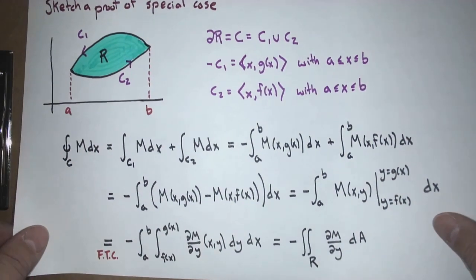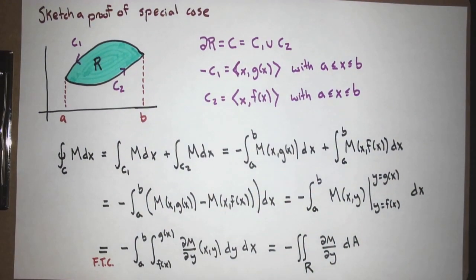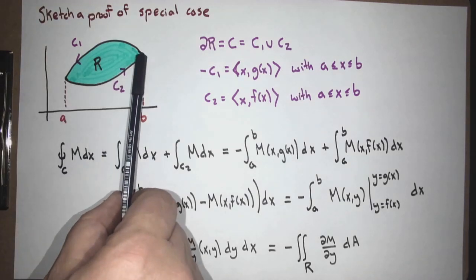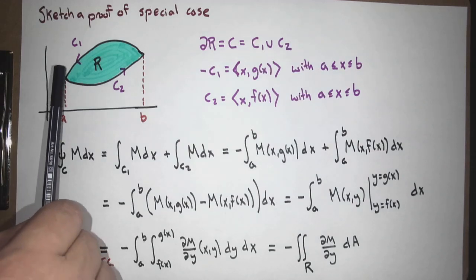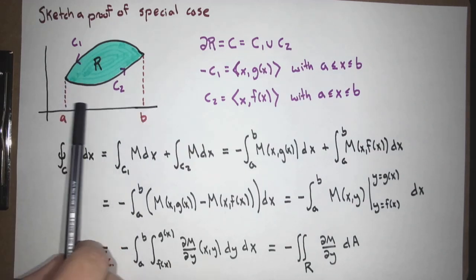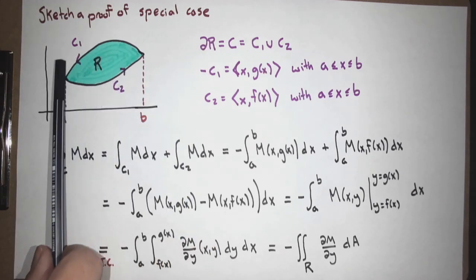So, why might this be true? Let's do a really simple region. Here, our region, we have a curve that can describe the bottom side and a curve that can describe the top side, going between A and B, so that the boundary of our region is the union of these 2 curves.